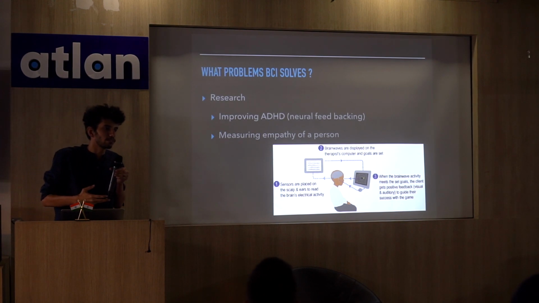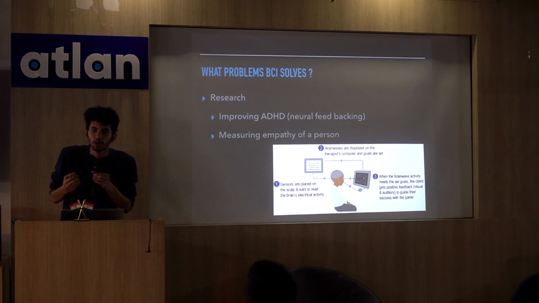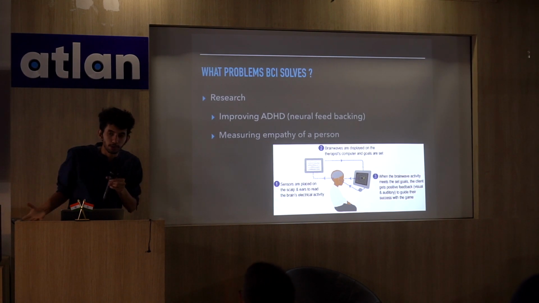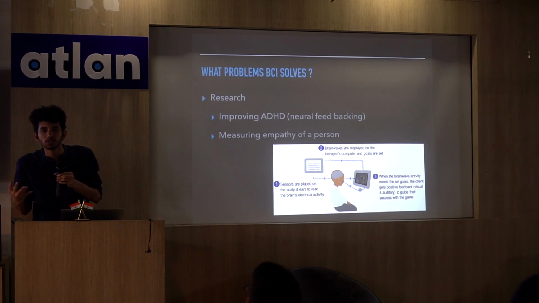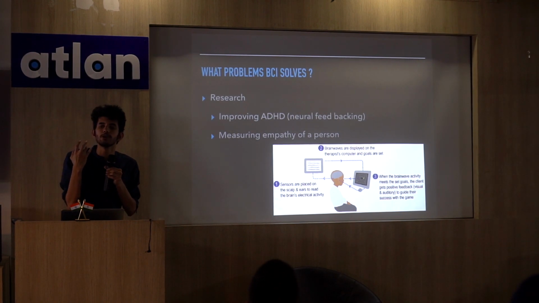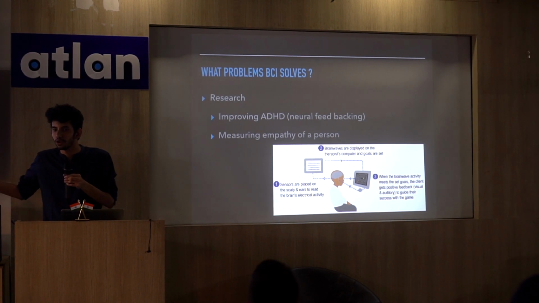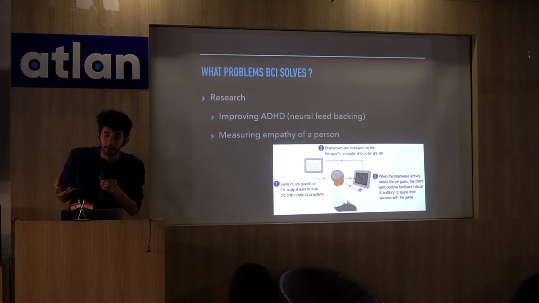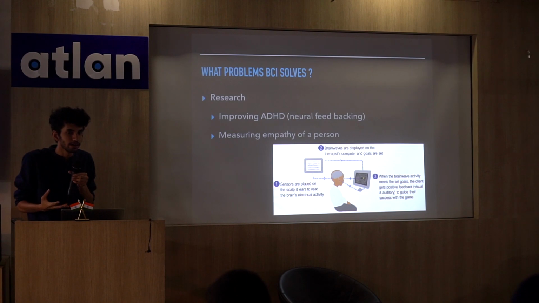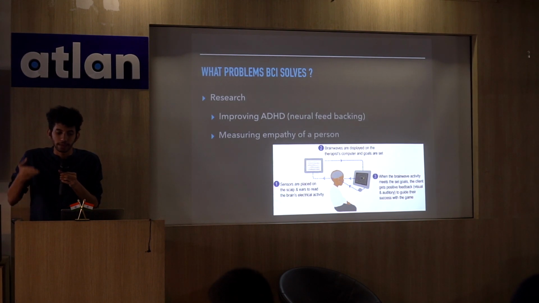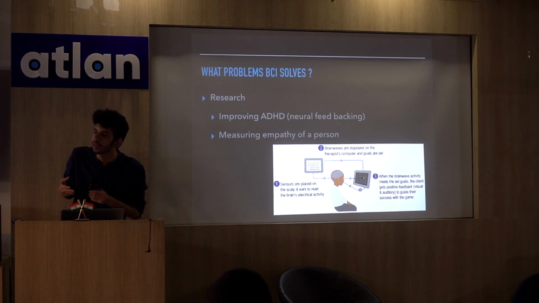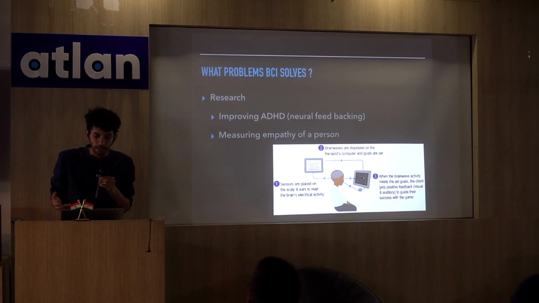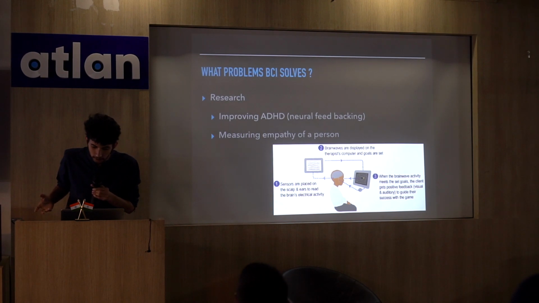If you're able to do that with a small beep or a small sound or visual stimulus, that might help you regain focus, if you're able to judge whether a person is losing focus or not. Whenever I'm getting distracted, a machine detects that I'm losing focus on whatever I was doing. It provides me a stimulus that helps me regain that focus, and I'm again able to focus on what I'm doing. That's how neural feedback works.